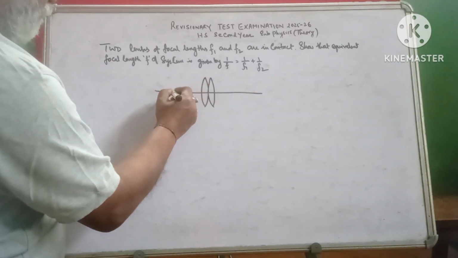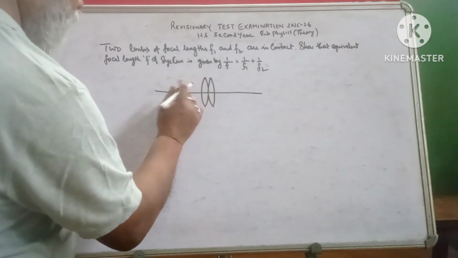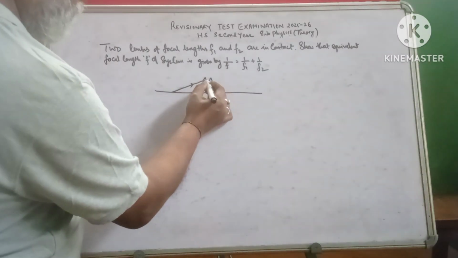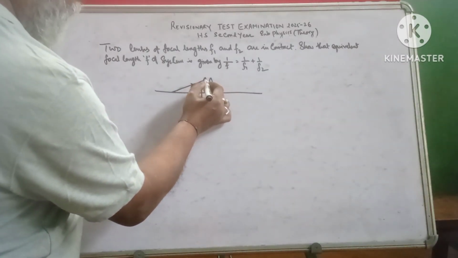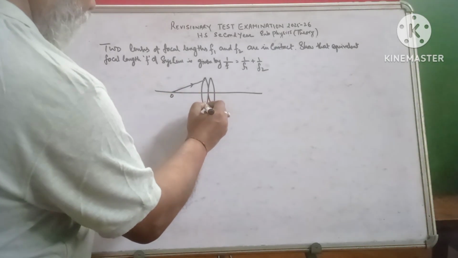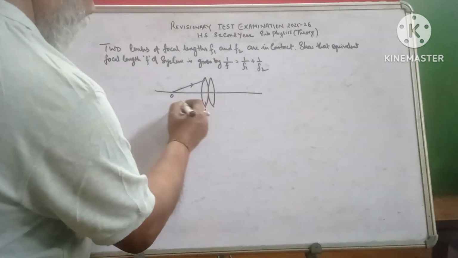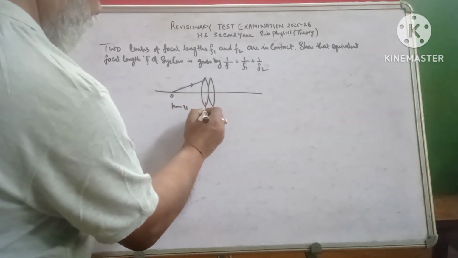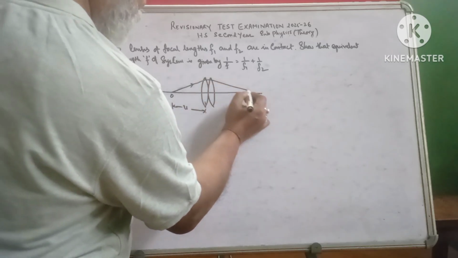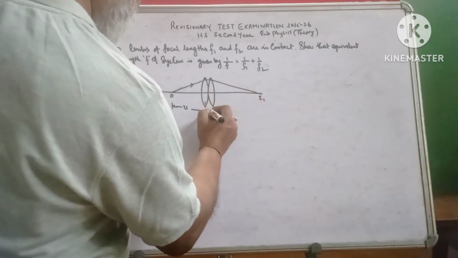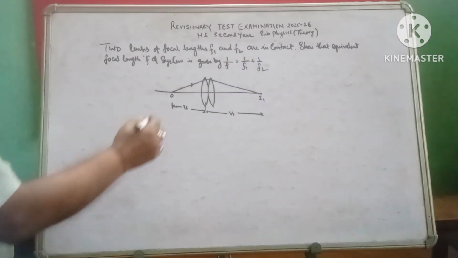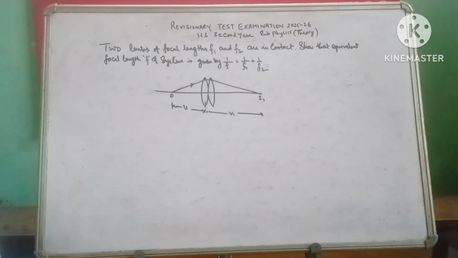Here this is your object, this is your object distance, and now I1 is your image distance for object distance u.